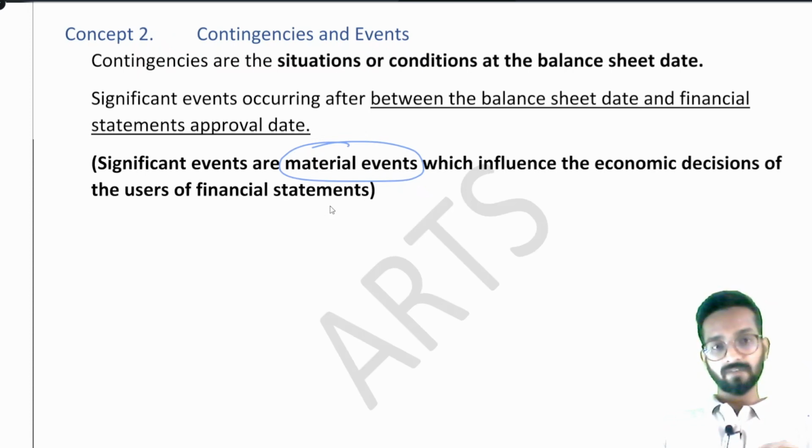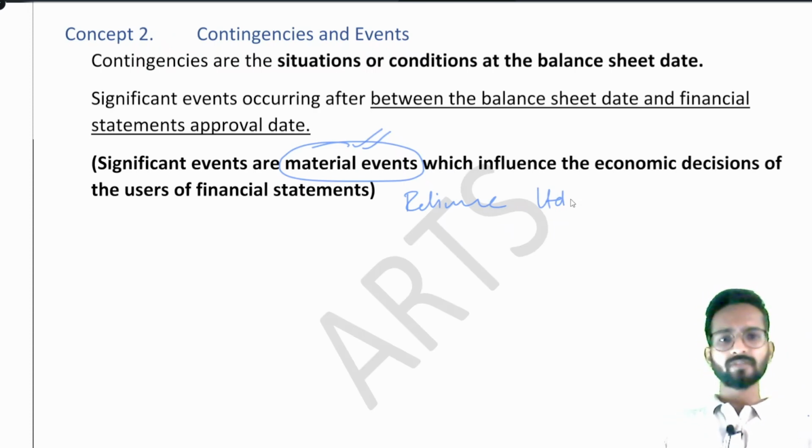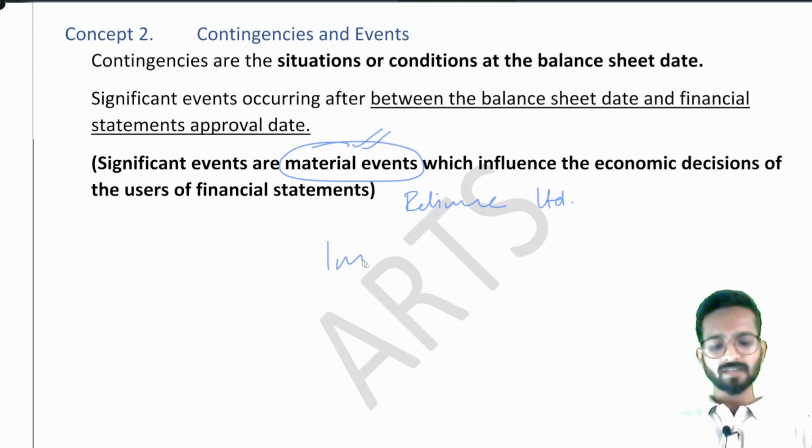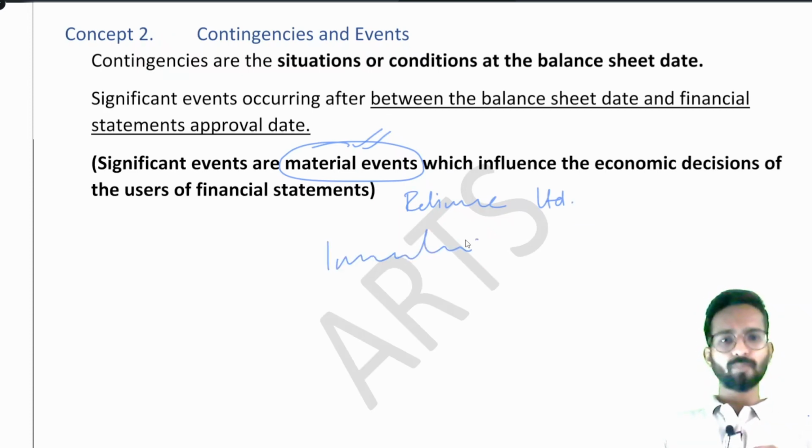See, whatever event is happening after the balance sheet date, it should materially affect the financial statement. Suppose for Reliance Limited, if they are not able to match cash balance for say 2000, 5000 or 10,000 rupees, it is not a material event for them. It is just immaterial. It is not of importance. So they can just ignore that, okay?